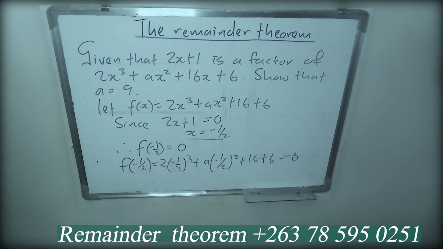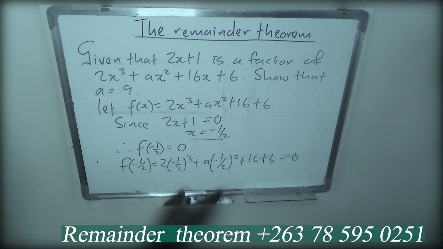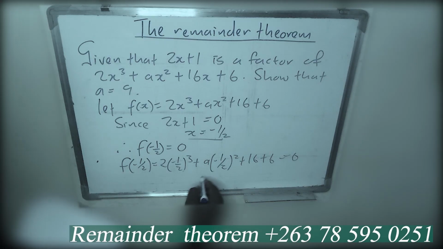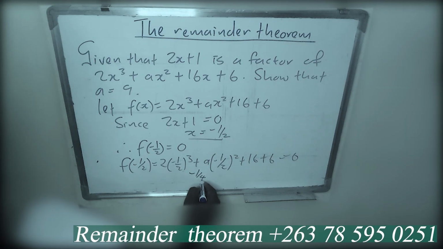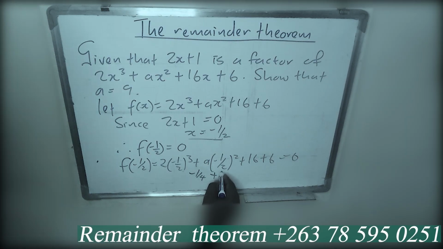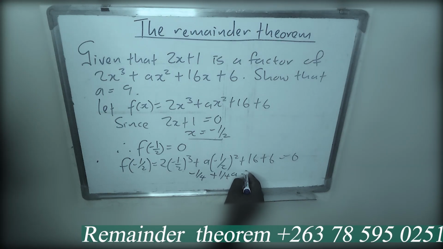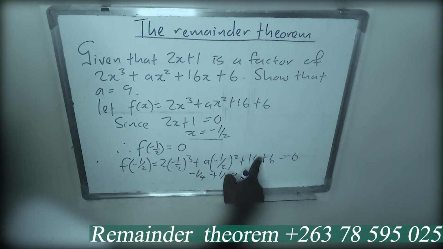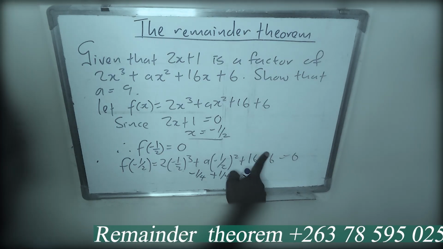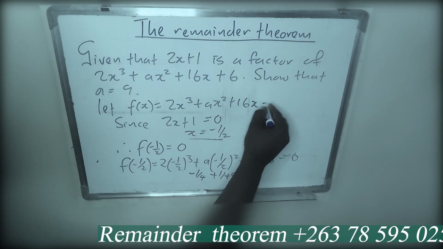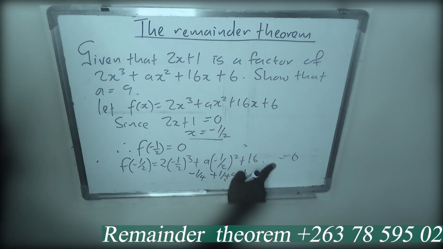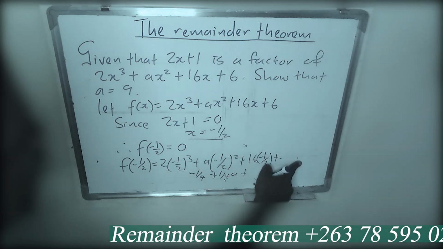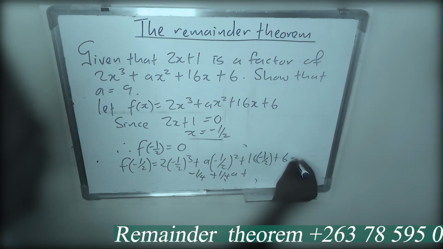Then you can simplify. By simplifying, you have minus a quarter plus a quarter a, then 16x becomes minus 8, plus 6, equal to 0.